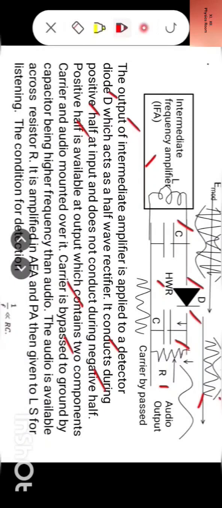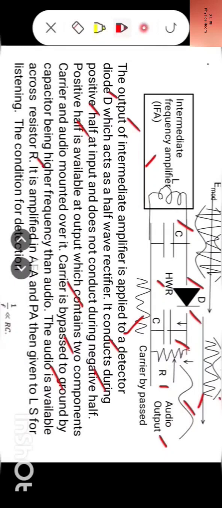So due to this reason, carrier is bypassed to ground, and audio passes through resistance. And according to Ohm's law, V is equal to IR, depending upon the current of audio through R, we get the audio output. Therefore, the audio is available across resistor R.